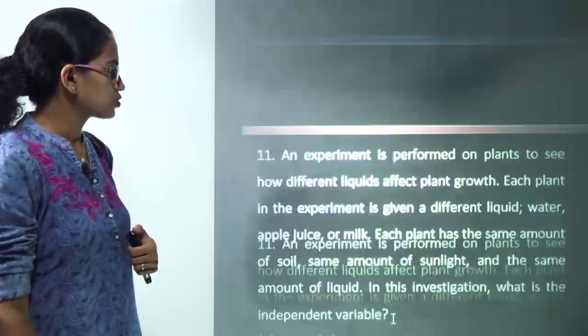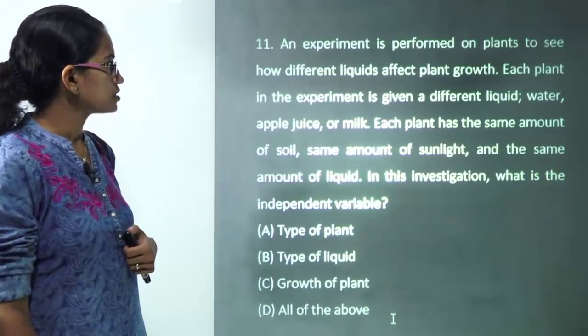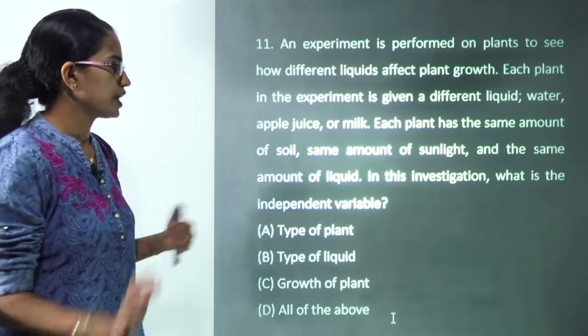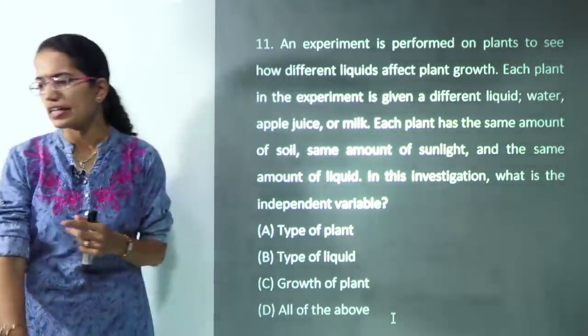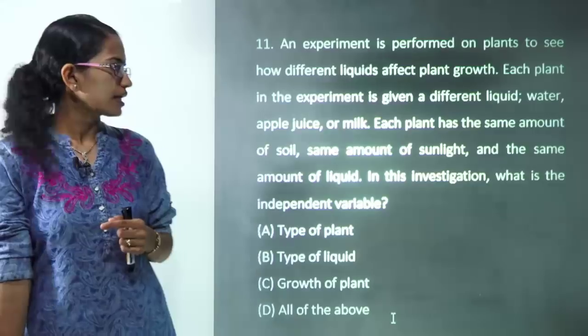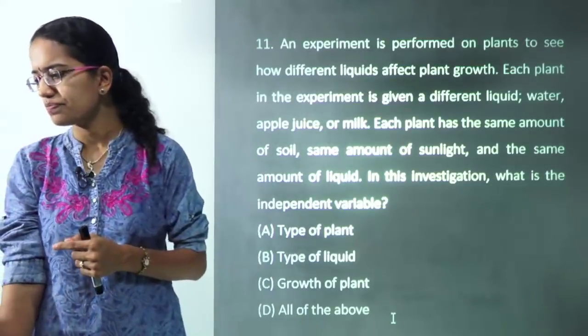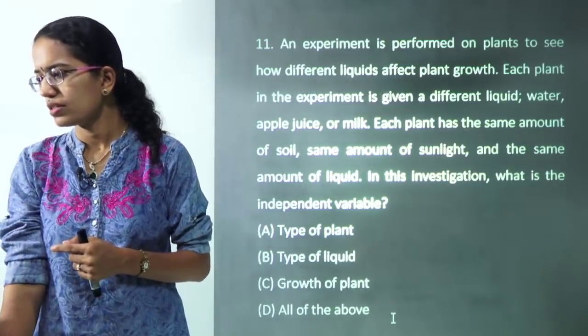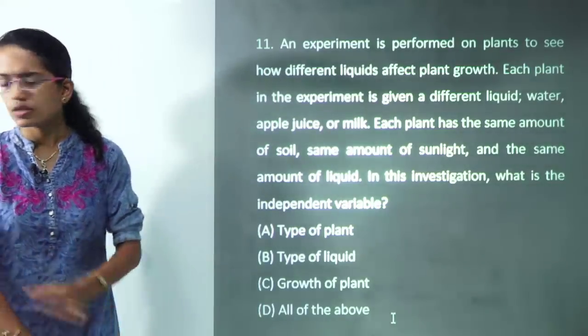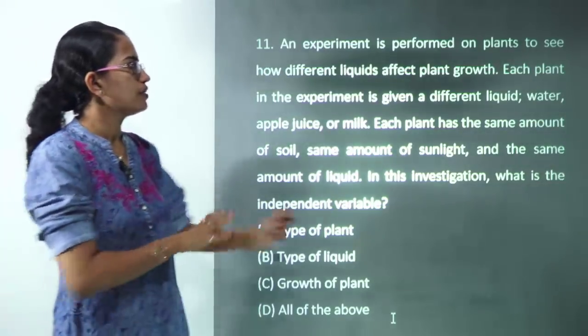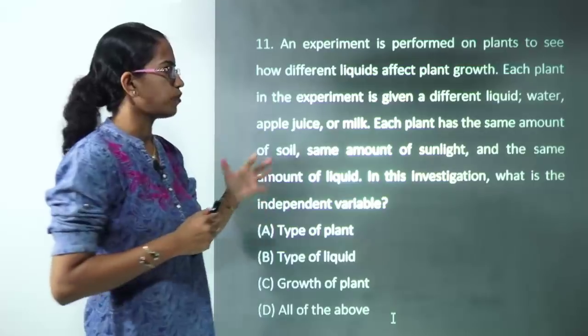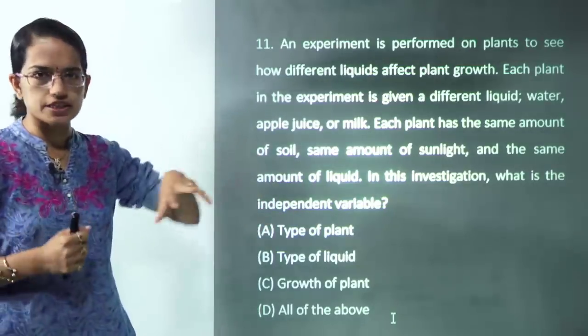Coming on to the next question, you have a question based on an experiment, and this is where you have to find out the dependent and the independent variable. Looking for the correct answers for question number 11. An experiment is performed on a plant to see how liquid affects plant growth.